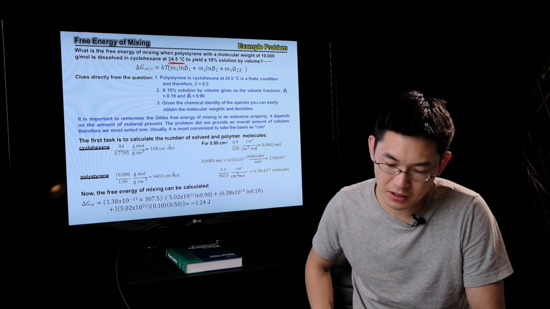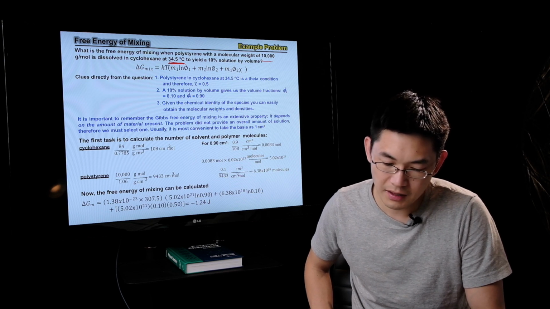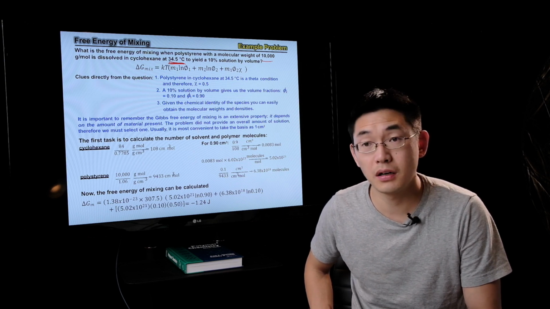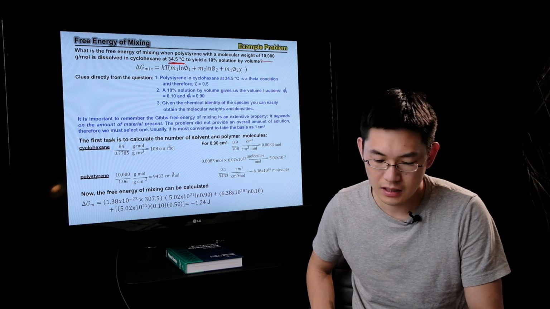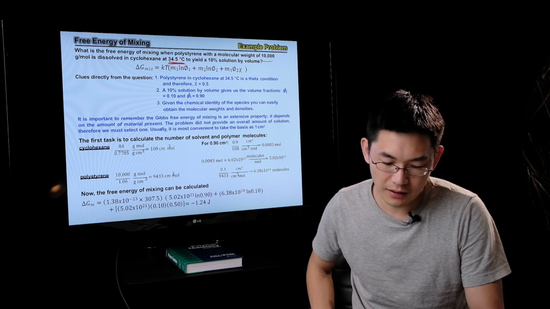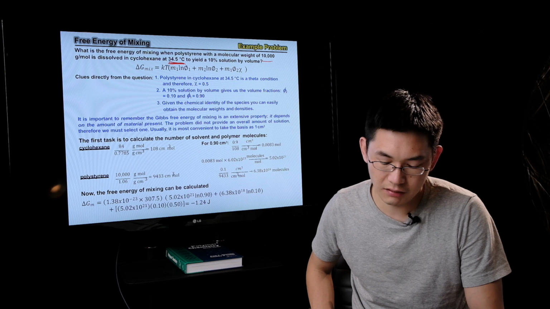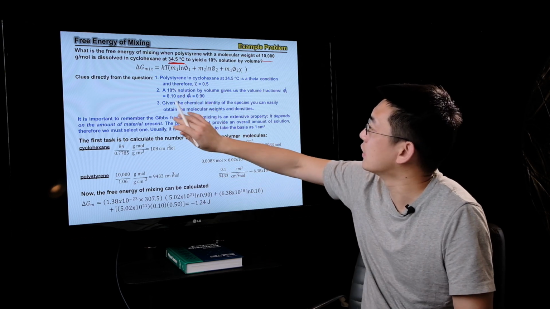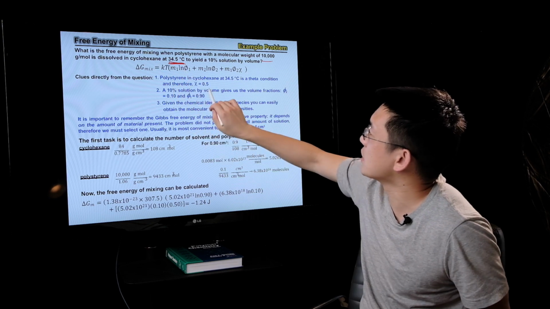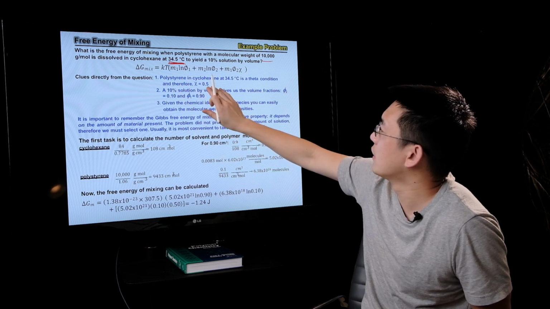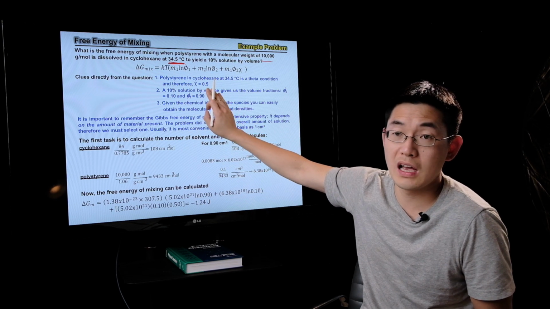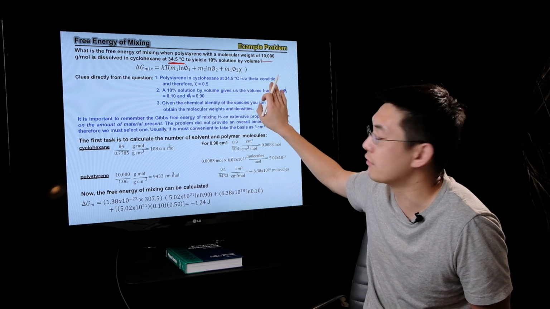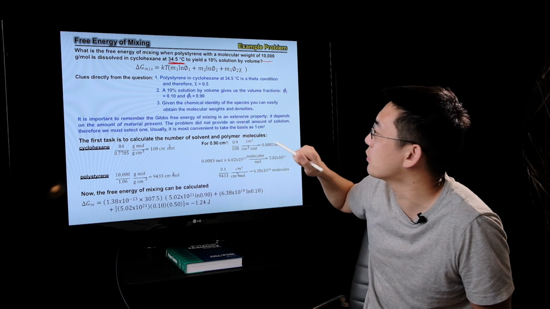Okay, so 10% solute. That means there's 10% polymer and 90% solvent, and I can give everybody one more hint: cyclohexane at this temperature is a theta solvent. That means chi will be 0.5. I'll discuss in more detail why 0.5 is a theta solvent a little bit later.